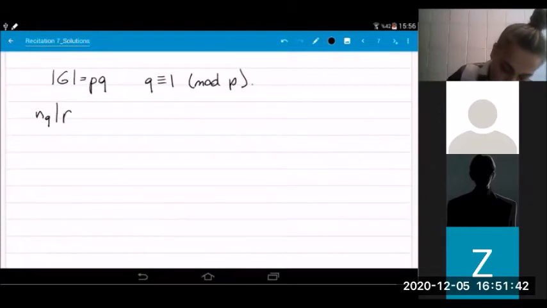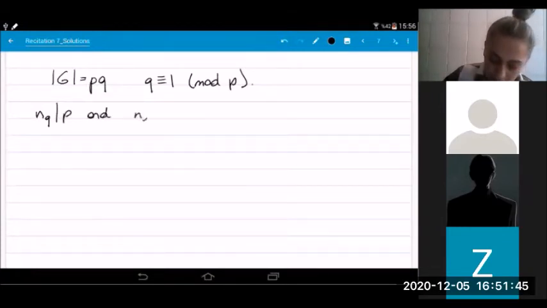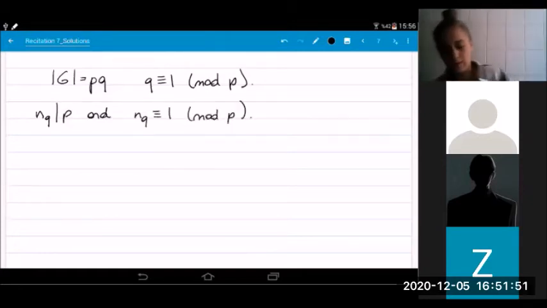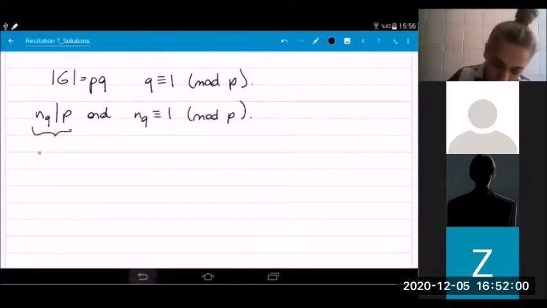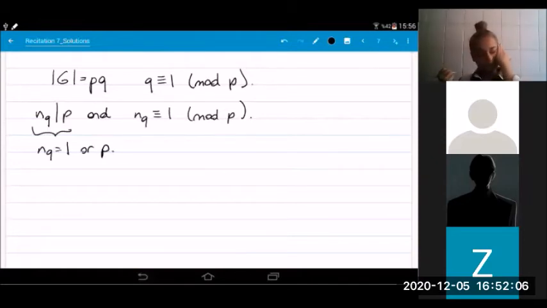N_Q has to divide P, and N_Q has to be 1 modulo Q. From here, N_Q is equal to 1 or P. Yes, this N_Q has to be equal to 1.